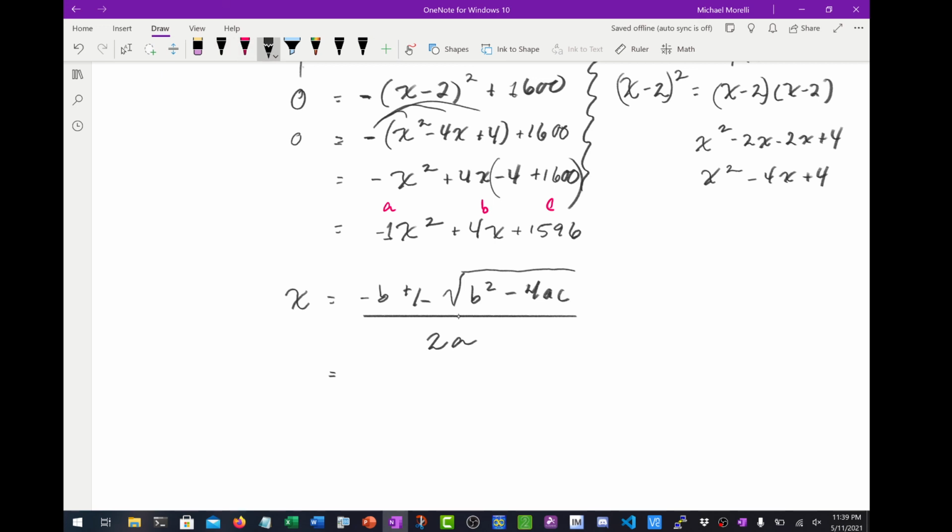So negative b would be -4 plus or minus the square root of b squared.